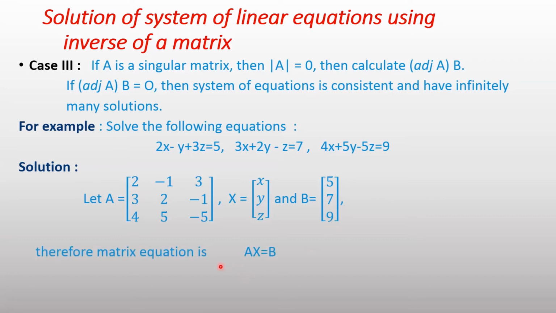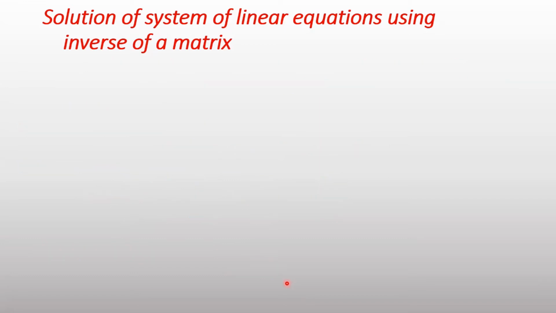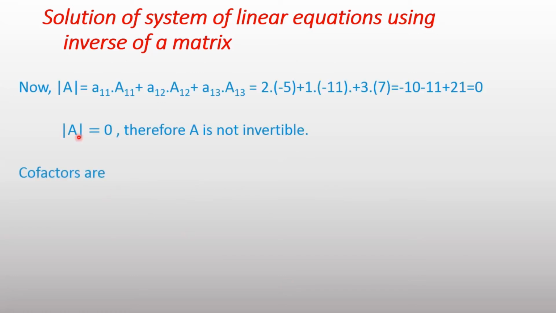Then matrix equation equal to Ax equal to B, like in case first, x equal to A inverse B. Then next step, find out determinant of A. First element into its cofactor, second element its cofactor. In this pattern you are calculating, and after solving you are getting the value of determinant as 0.